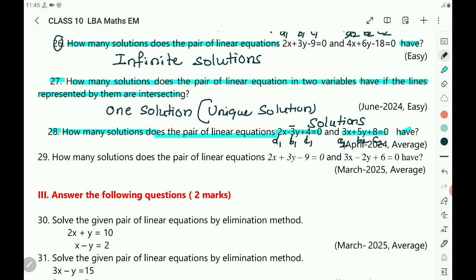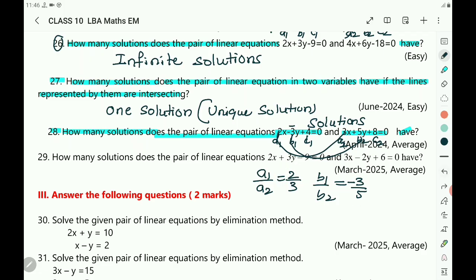Find A1 by A2, B1 by B2 and C1 by C2. A1 by A2 is equal to 2 by 3. Then B1 by B2 equals minus 3 by 5. Here these two are different.